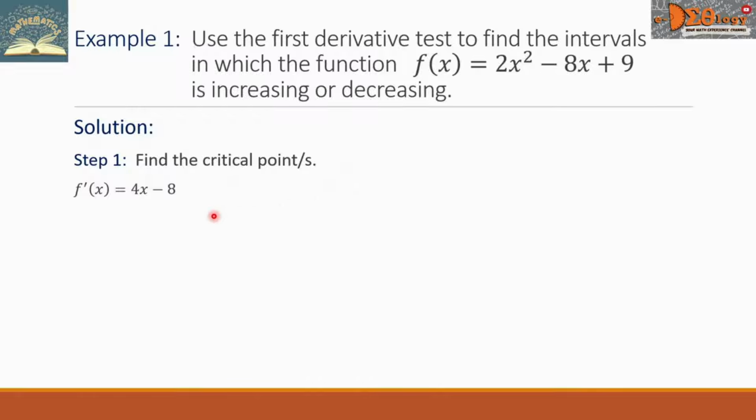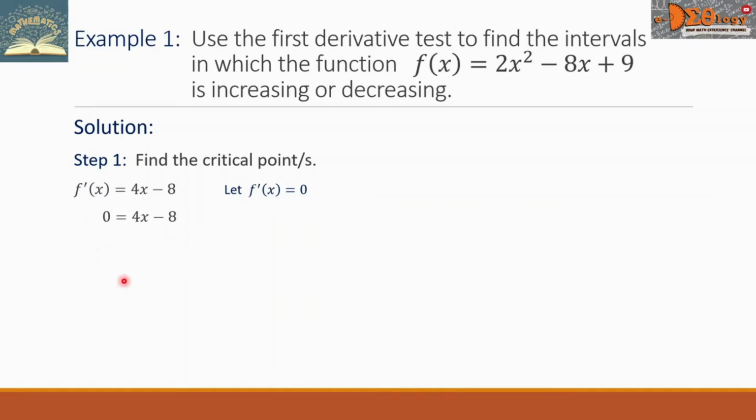First thing to do, we take the derivative of the given function. So we have f prime of x equals 4x minus 8. Then, we're going to let f prime of x equal 0. That means, from this equation, the left side becomes 0. Then we solve for x.